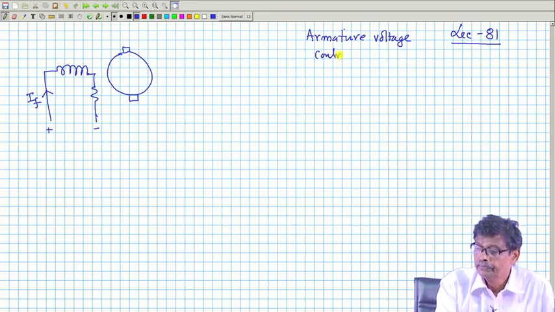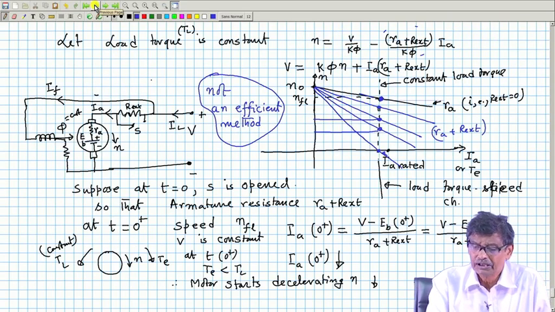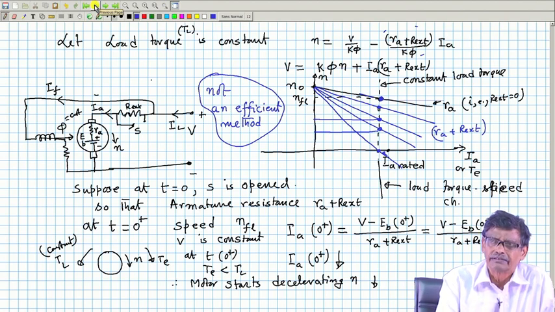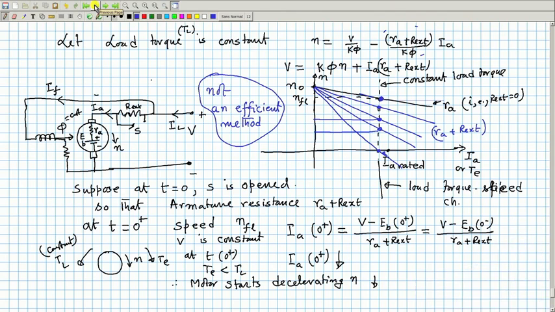Mind you, the earlier method should not be called armature voltage control. Armature voltage is fixed; the external resistance is what changes. Sometimes students get confused: armature control okay, but here I am connecting an external resistance.